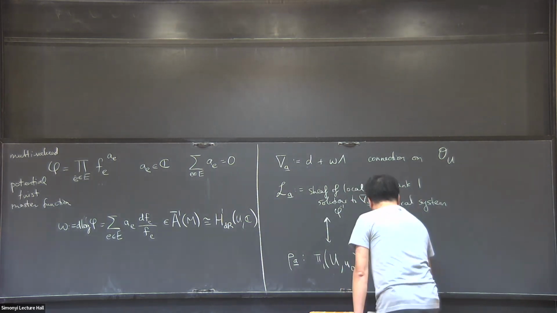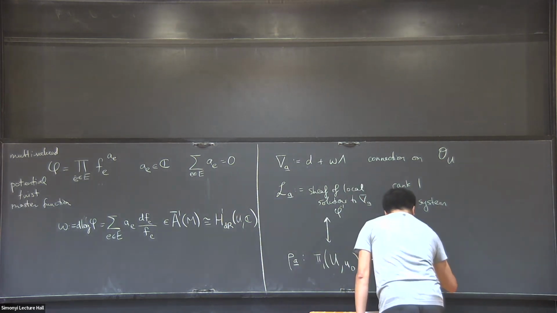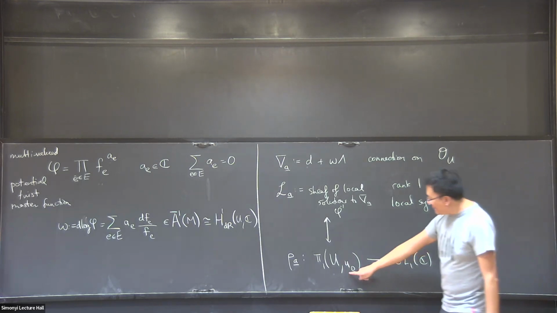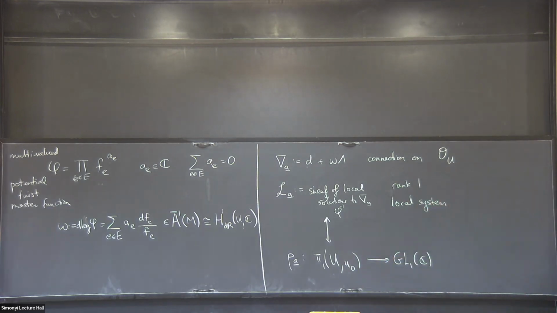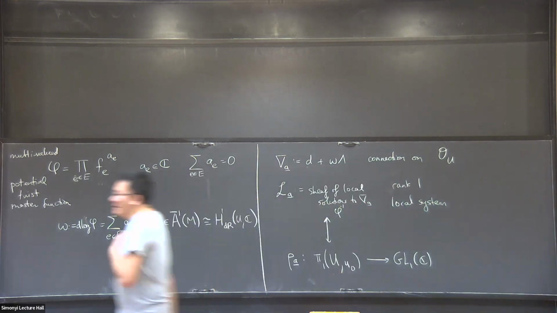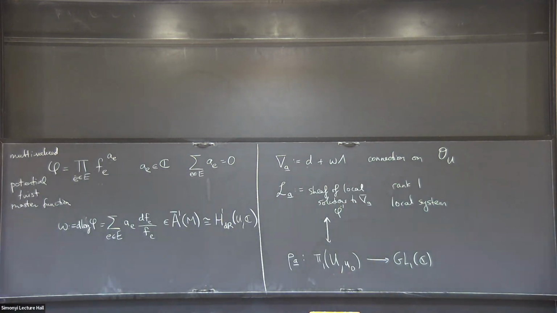Because I'm doing rank 1 local systems, it just goes into GL1, which is slightly boring. So to every generator of pi1, you associate a number. And what are these numbers?